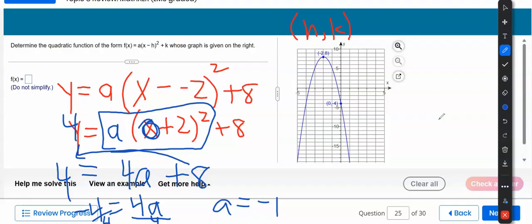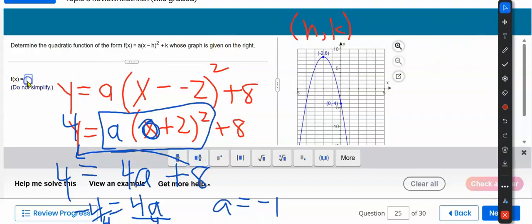So now see how we put the -1 in front? Yeah. Now I can actually write -1, or I can just leave a negative sign and we all know that it's -1.